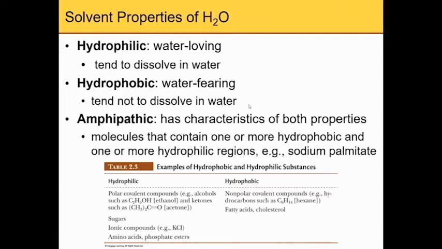Amphipathic is a characteristic of both hydrophilic and hydrophobic. So the hydrophilic ones are polar covalent compounds, alcohols like ethanol, ketones, sugars, ionic compounds, amino acids, and phosphate esters. Hydrophobic ones are nonpolar covalent compounds, like fatty acids and cholesterol.